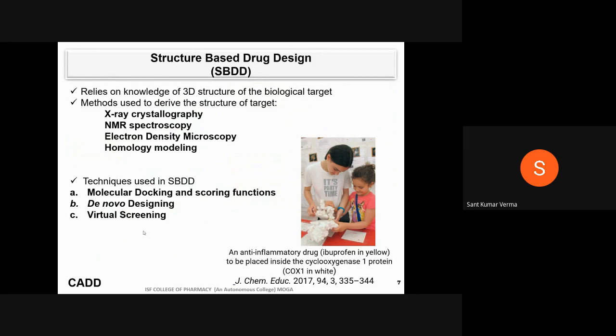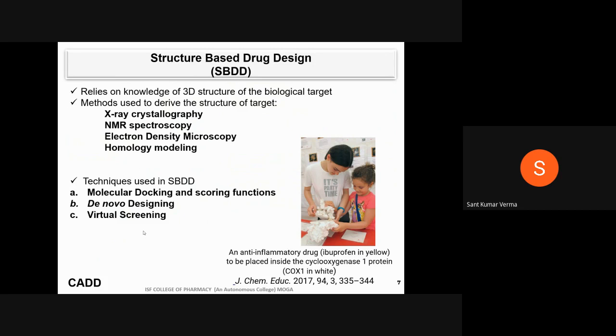X-ray crystallography is the most accurate and appropriate method to map the 3D structure of a biological target. The criteria for selection of the protein or macromolecule from PDB, which are derived from XRD, are resolution should be less than 2 angstrom and R-free value should be less than 0.2.